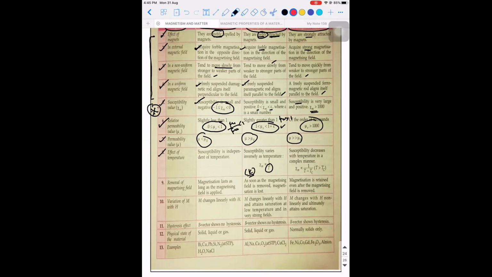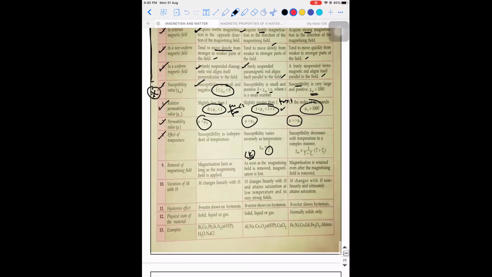What is the meaning of it? It means if you have a paramagnetic material which is already magnetized, when you try to heat the substance, its magnetic property is lost or gained? Decreased. So it's lost. Okay. Similarly, for a ferromagnetic substance, the susceptibility decreases with temperature, where it is given by the formula inversely proportional to T minus Tc, where Tc is called the Curie temperature.